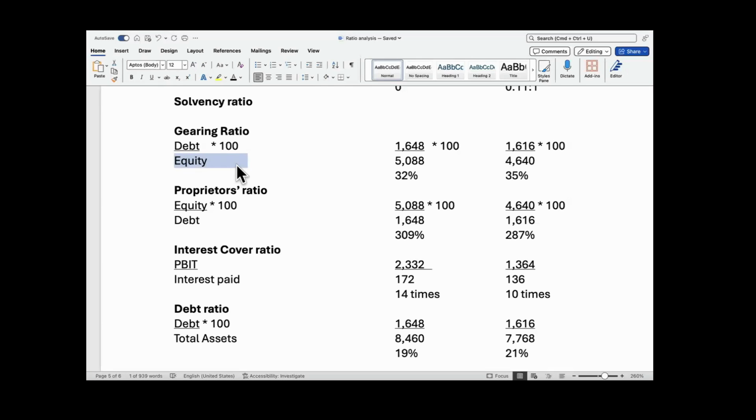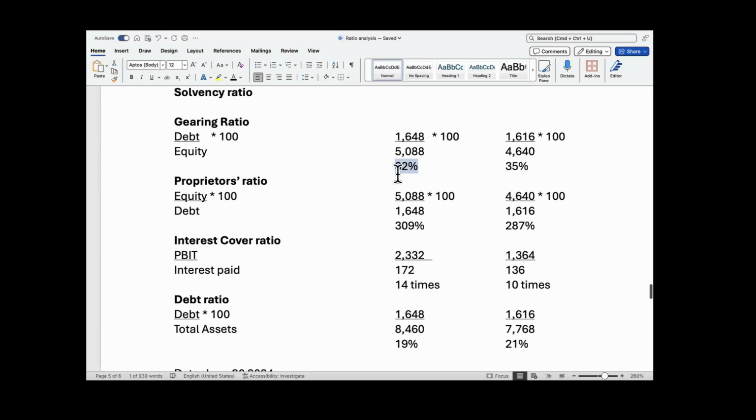So let's do the analysis. I'll just analyze the gearing and interest cover. And as you can see, it's improving from 35% to 32%. And this improvement is basically because they have not been able to raise more money. That's why their gearing ratio is stable, right? To a large extent, they have not been able to raise more money.